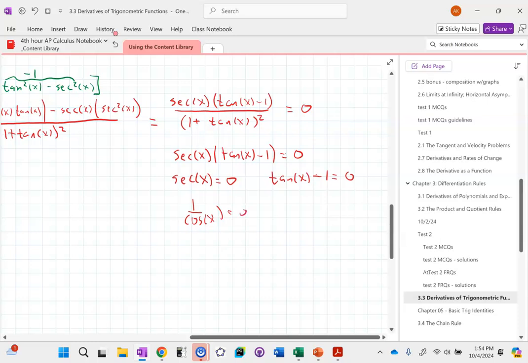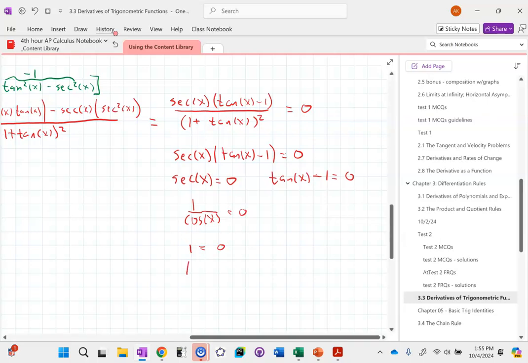Okay. Now what? We got to get the cosine x out of the denominator, right? Multiply both sides by cosine x, and we're left with 0 equals 1. What does that tell us?